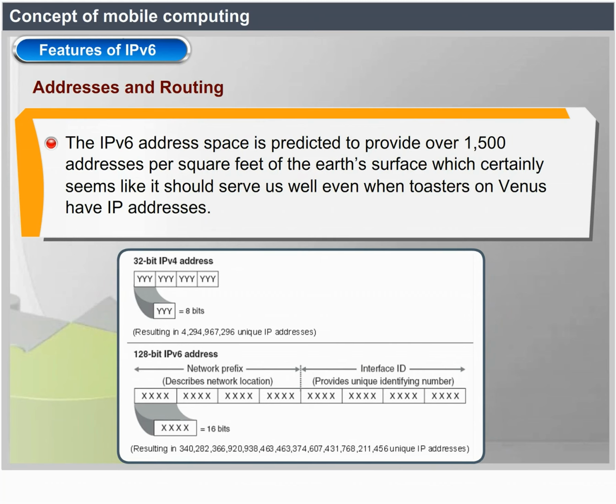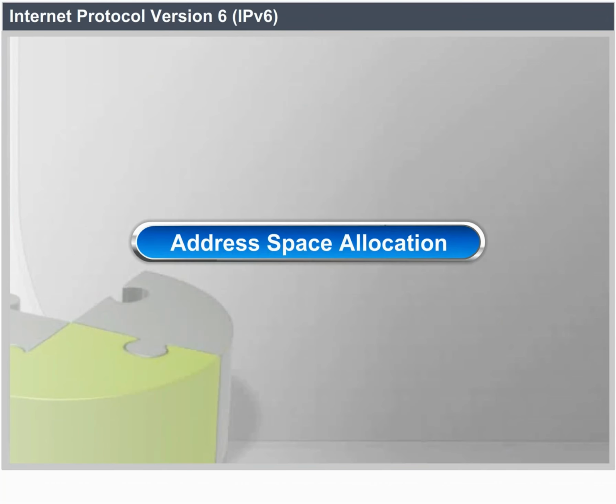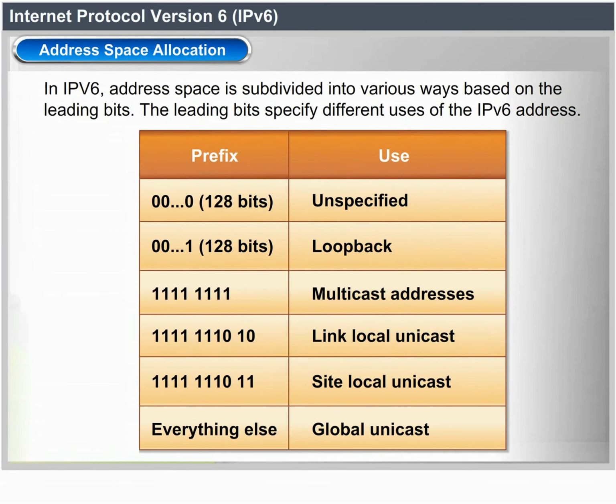Address space allocation. In IPv6, address space is subdivided in various ways based on the leading bits. The leading bits specify different uses of the IPv6 address. Table: address prefix assignment for IPv6.